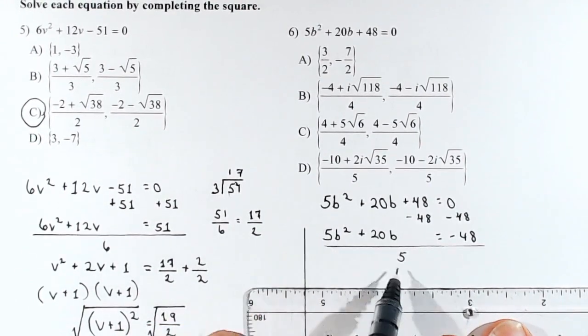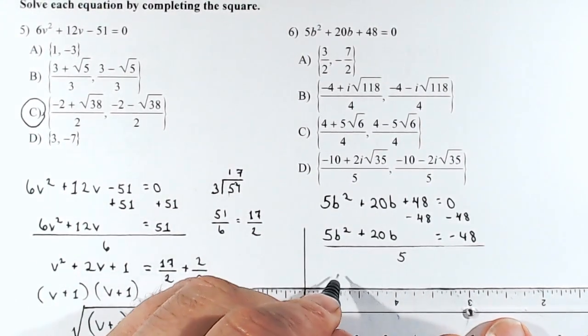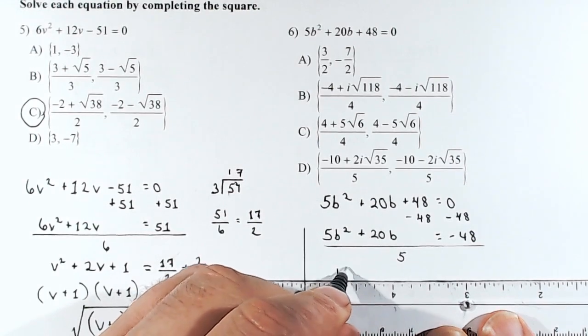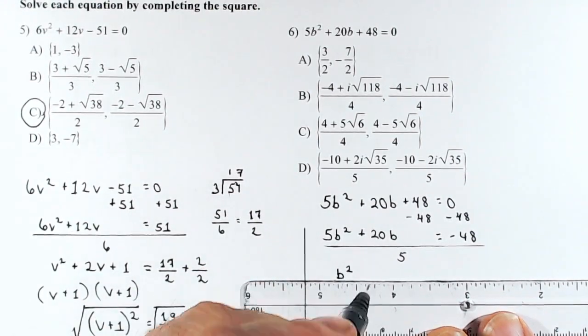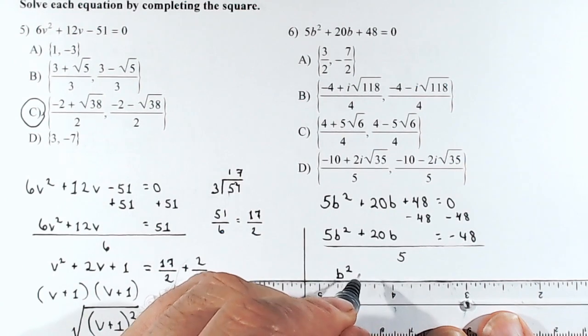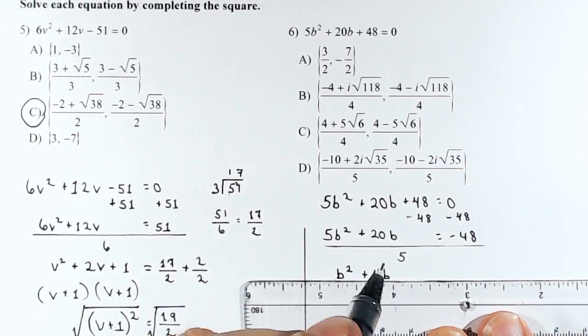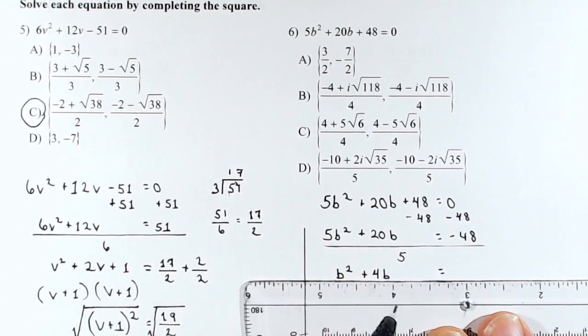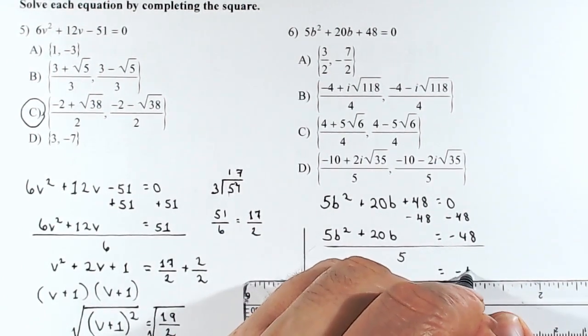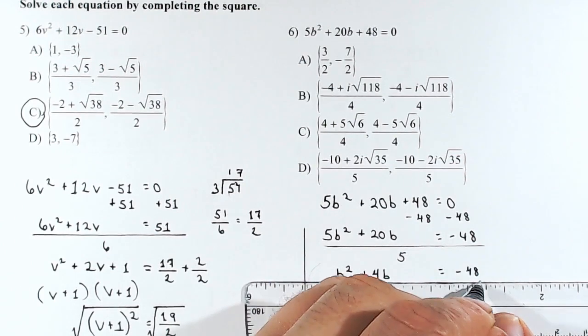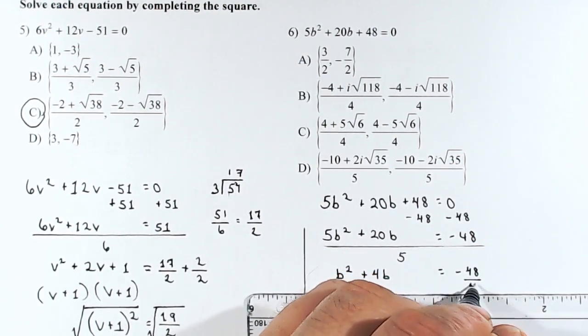So now 5b squared over 5 is just b squared. 20b over 5 is plus 4b. And then over here we have negative 48 over 5.